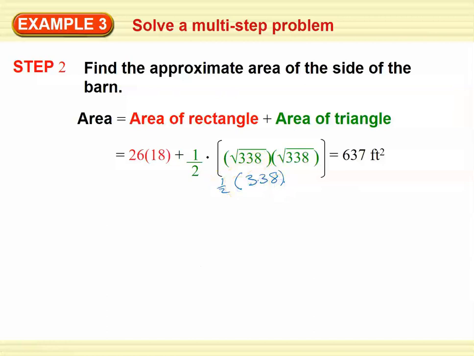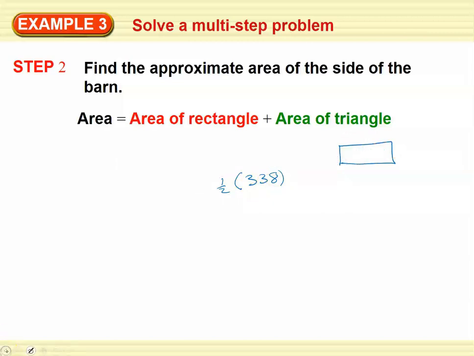Then you can type 26 times 18 plus half of 338 into your calculator, and you get 637 feet squared.